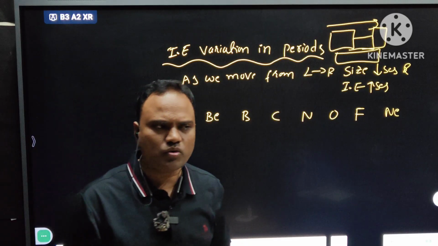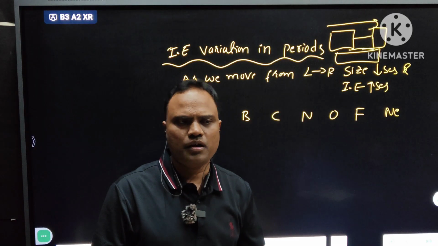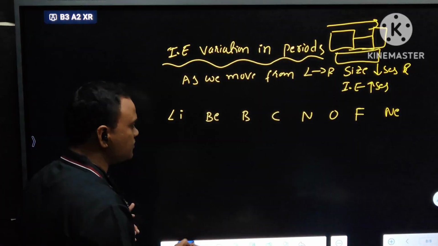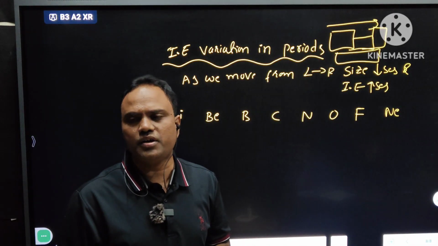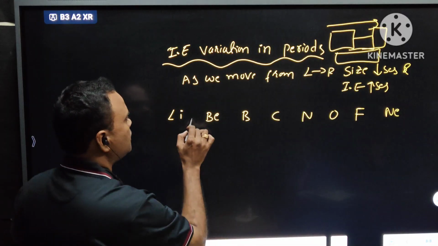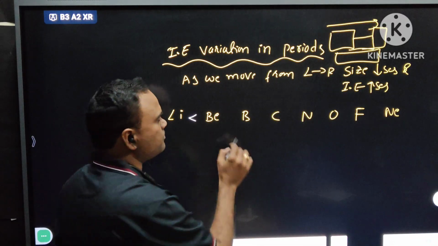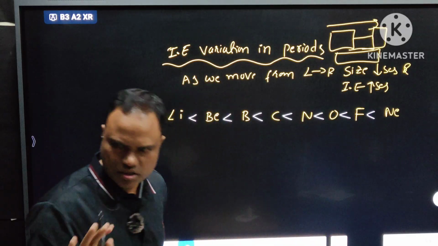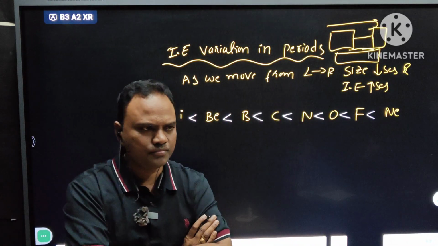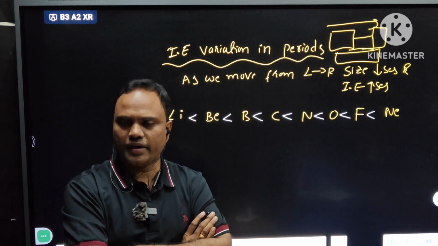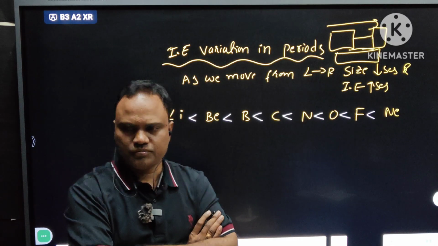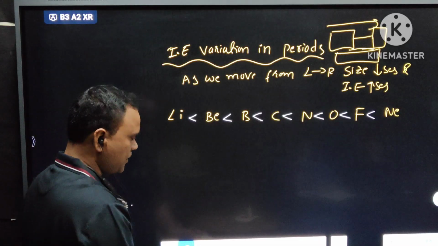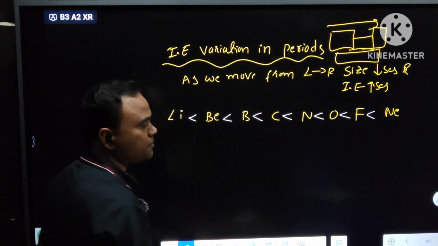Then ionization energy should increase. Which symbol do we have to keep here, less than or greater than? Lithium has lower ionization energy than beryllium. Correct. In general this trend is right, but we have exceptions, right? Where can we see the exception? Online students, can you tell me where we can see the exception?